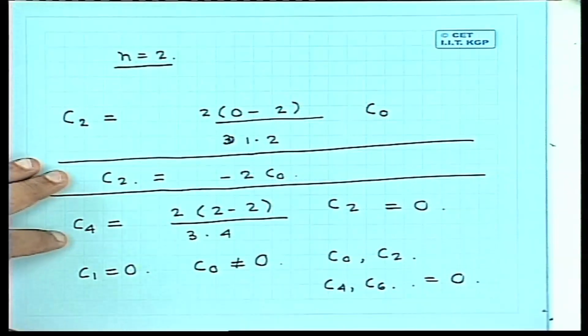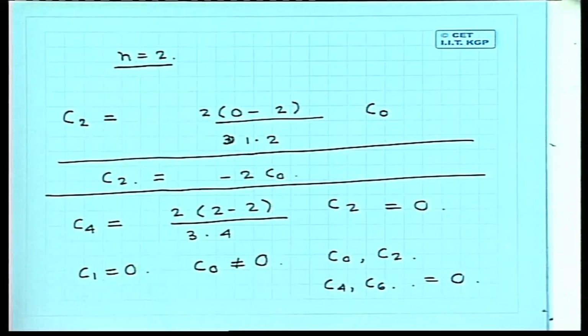So if n is an integer, suppose n is an odd integer, then we will get a series of odd powers of xi with the highest power being n.